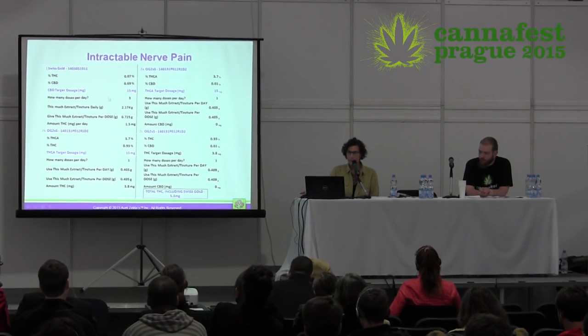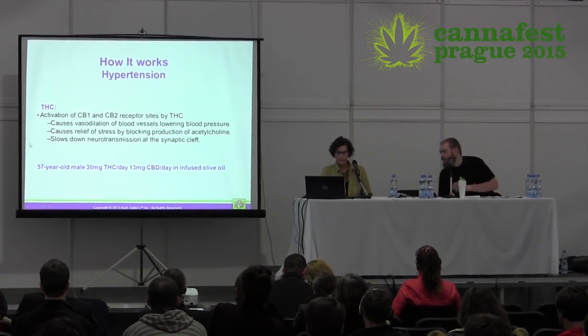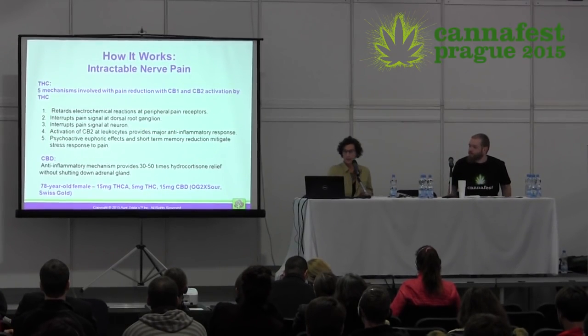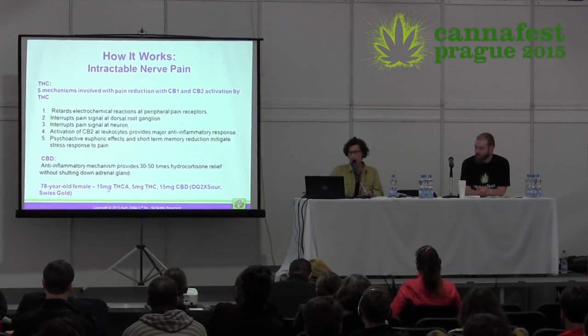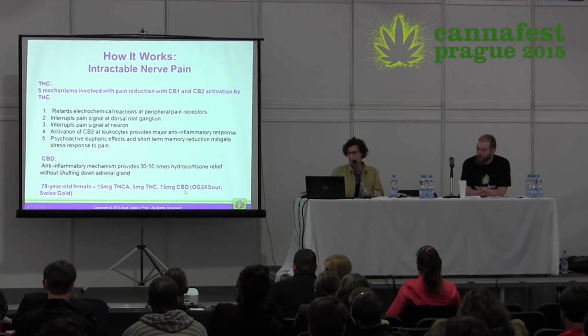The reason that's important to do this is if our initial goal, can I go backwards? How do I go backwards? Here, okay, thank you. Because if you look here, the goal was to have her have 15 milligrams of THCA, 5 milligrams of THC, and 15 milligrams of CBD.